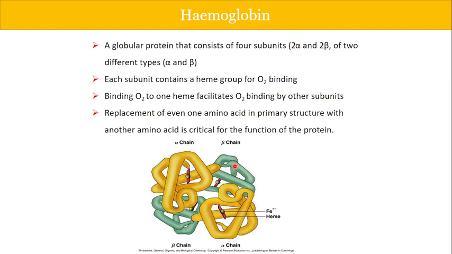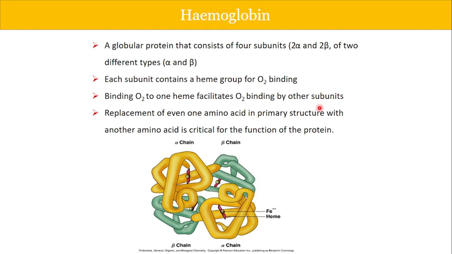One example of quaternary structure is hemoglobin. It is a globular protein which consists of four subunits, two alpha and two beta, of two different types. Each subunit contains a heme group for oxygen binding, and the binding of oxygen to one heme group facilitates the binding of oxygen to the other subunits.